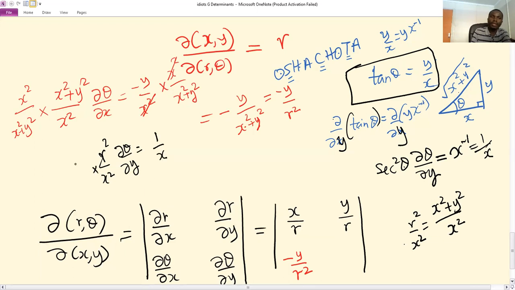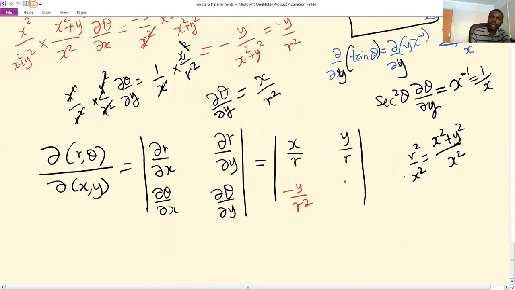Now we multiply by the reciprocal, x squared over r squared. So this and this cancel out. So partial theta partial y will be, now 1 x cancels here, so I have x over r squared. So this part you put x over r squared.